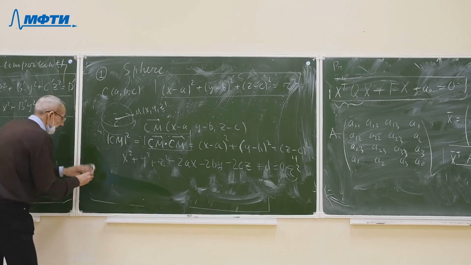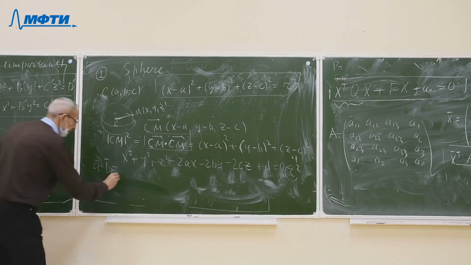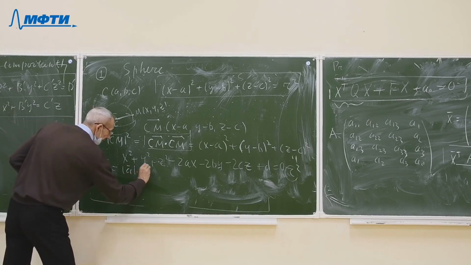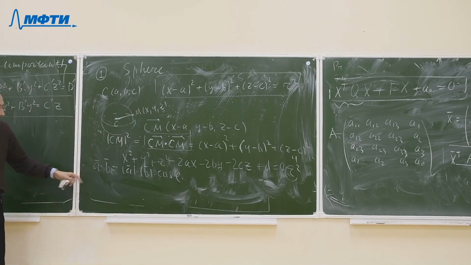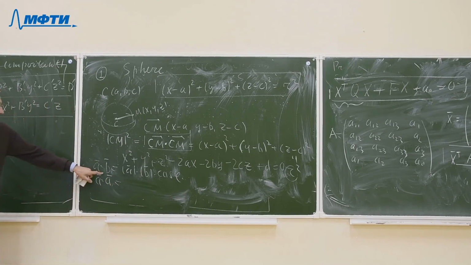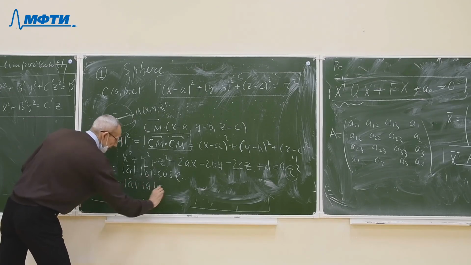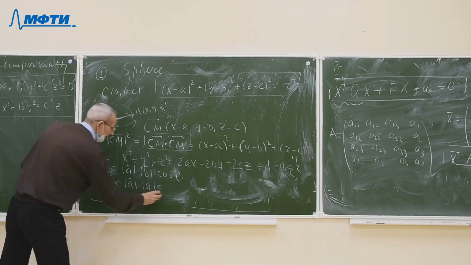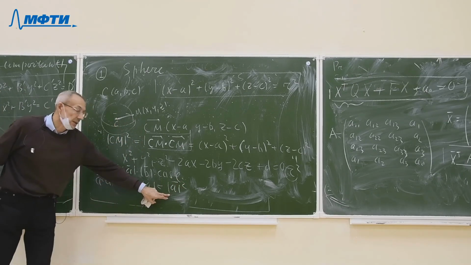I recall that if we have two vectors A and B, the dot product of these vectors, by definition, is the product of the lengths of these vectors and the cosine of the angle between them. In the case when A equals B, we obtain A dot A, which is exactly the square of the length.